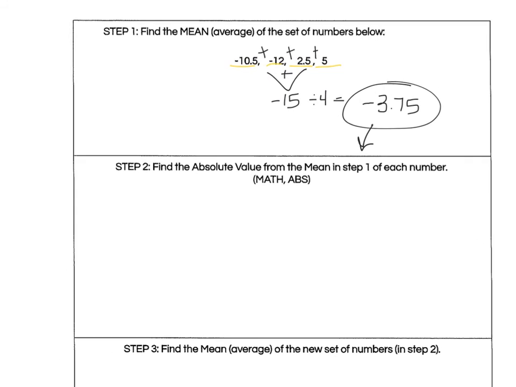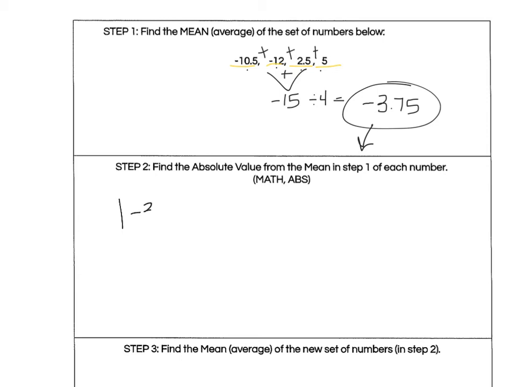Okay, so how this works again, we're going to go to math, arrow, absolute, and I'm going to subtract every single number in the set from this number. I like to put the mean, I like to put this number first.